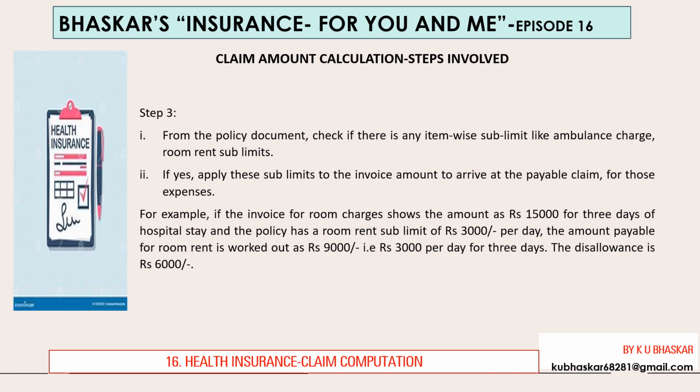For example, if the invoice for room charges shows the amount as rupees 15,000 for 3 days of hospital stay, and the policy has a room rent sublimit of, let us say, rupees 3,000 per day, the amount payable for room rent is worked out as rupees 9,000. That is rupees 3,000 per day for 3 days. So naturally the disallowance on this account will be rupees 6,000.